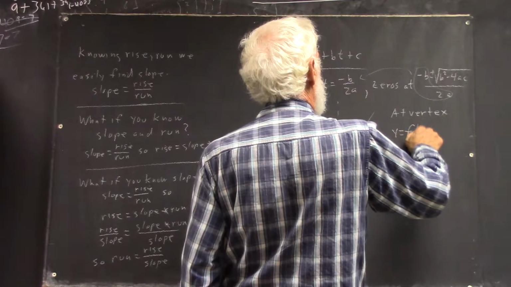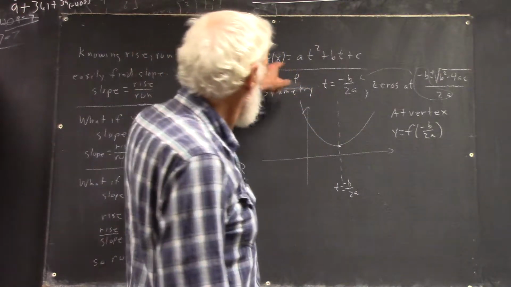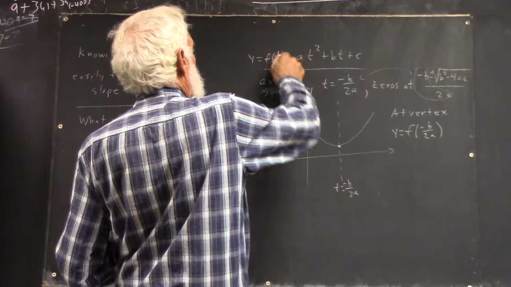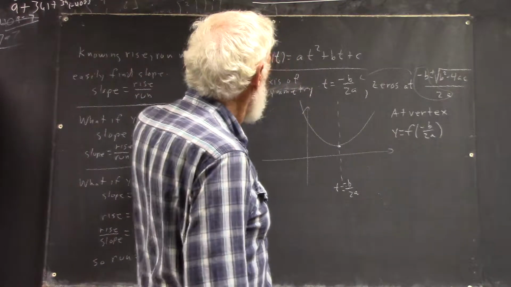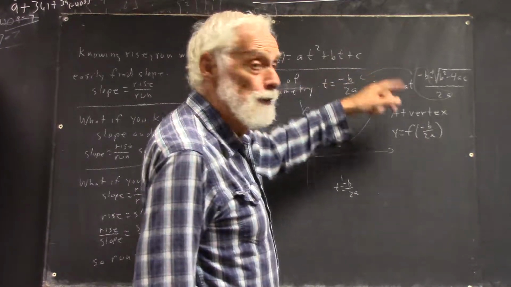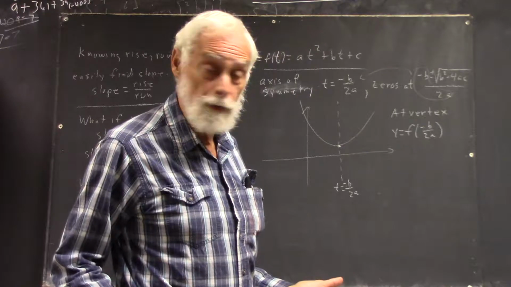Y equals f of negative b over 2a, which means you've replaced x, and this should be t, not x. You've replaced t by negative b over 2a, so you replace all these t's by negative b over 2a and do the arithmetic. That gives you the y coordinate of the vertex.